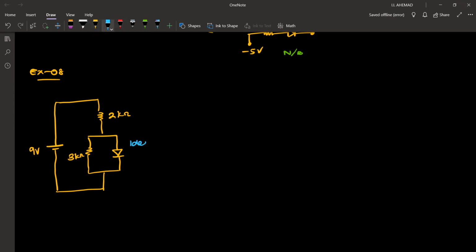Again, this is an ideal diode. What can you tell about the diode this time? Is it reverse biased or forward biased? It is forward biased. The diode is forward biased. The current will try to go this way, and the diode will allow. Can you remember, for ideal diode, forward bias voltage is 0 and resistance is 0.